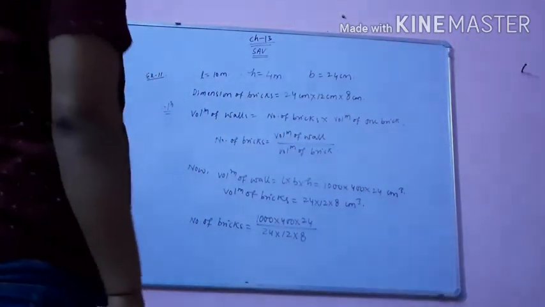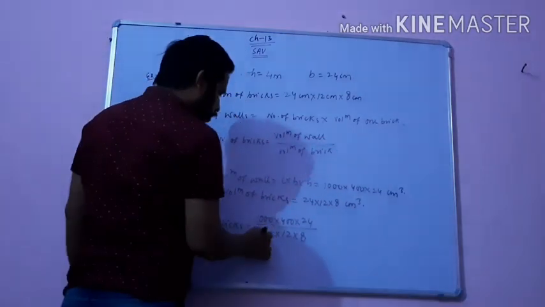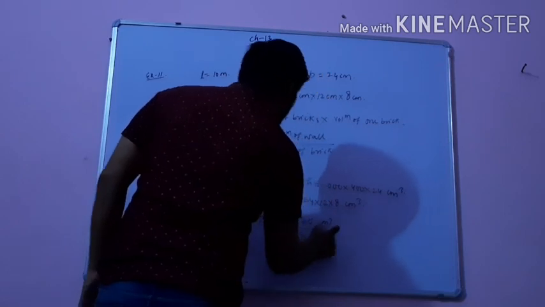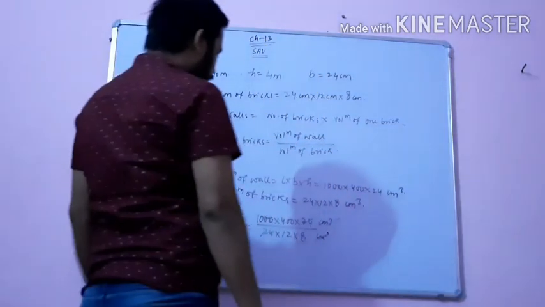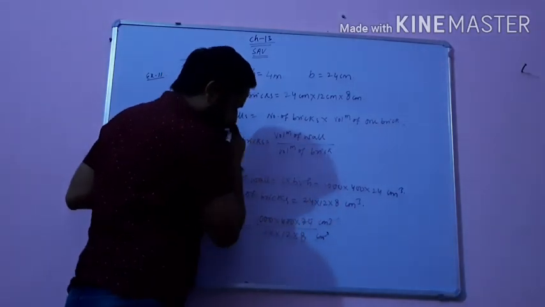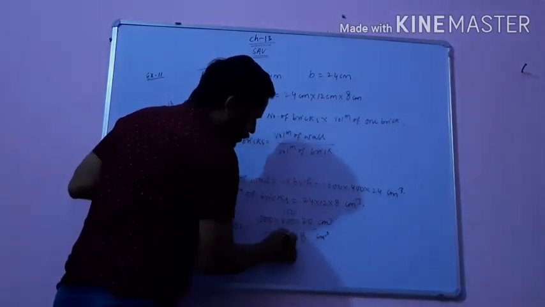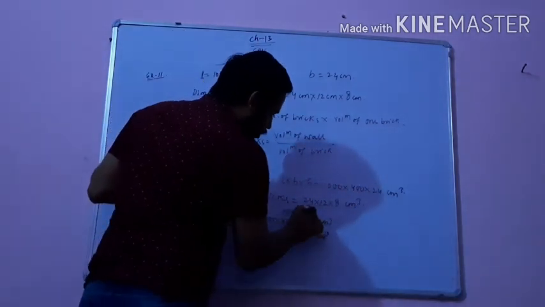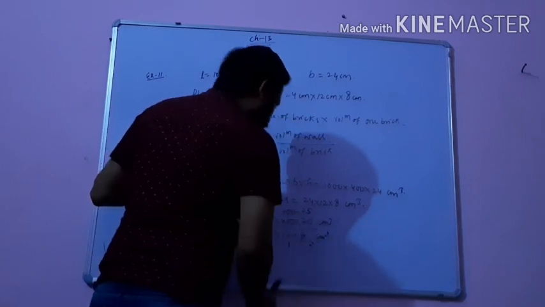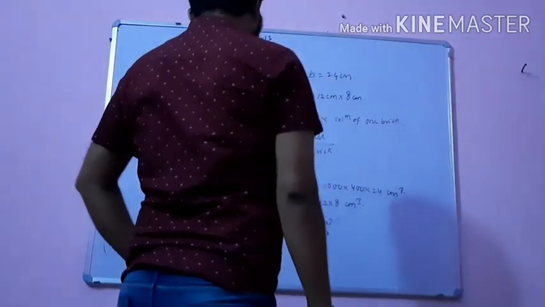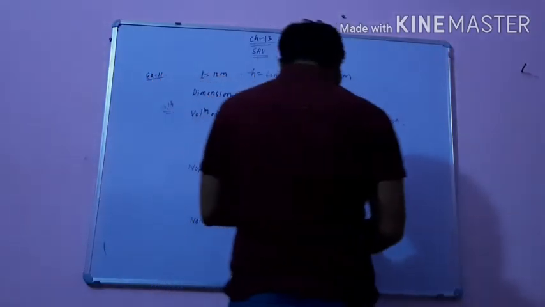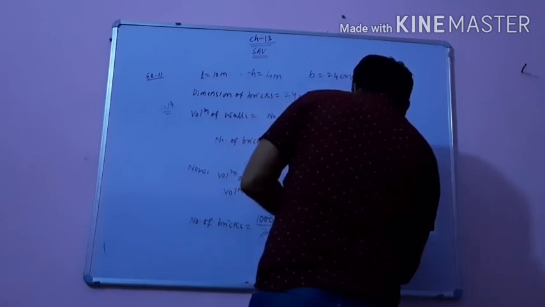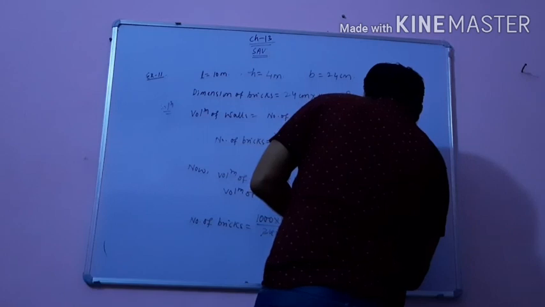24 multiply 12 multiply 8. Now 24 cancels out. Centimeter cube is there, it will also cancel out. Now divide: 100, it will be 3; 25, 2. Now it will be 100 into 25 upon 3 into 2.